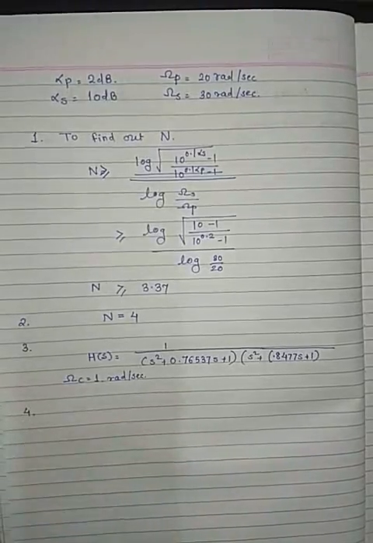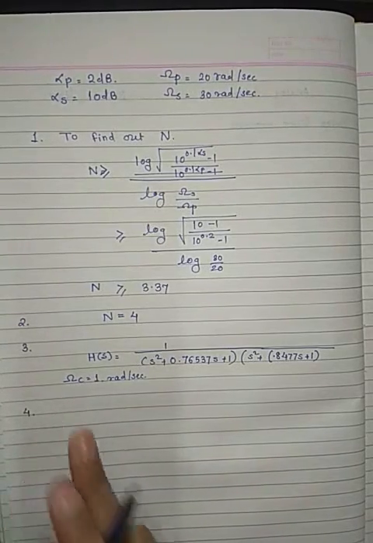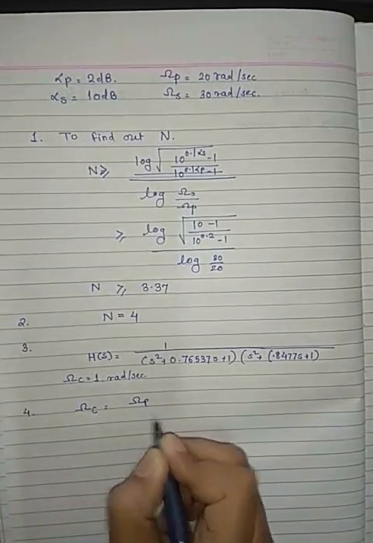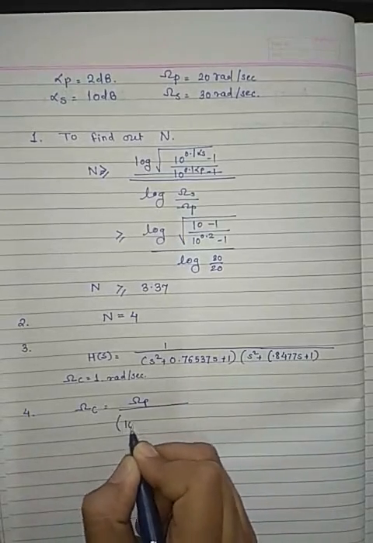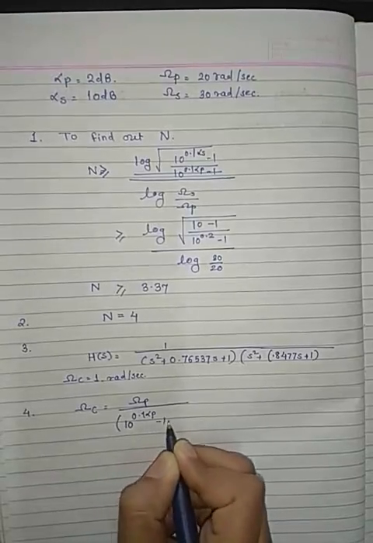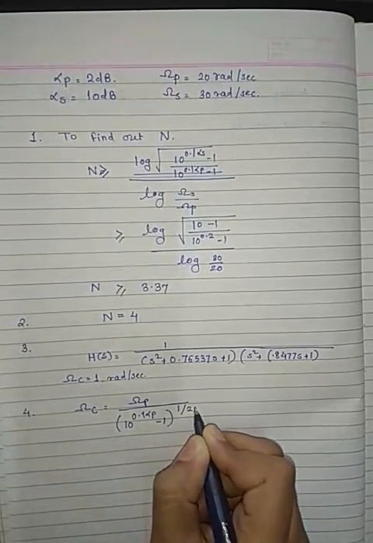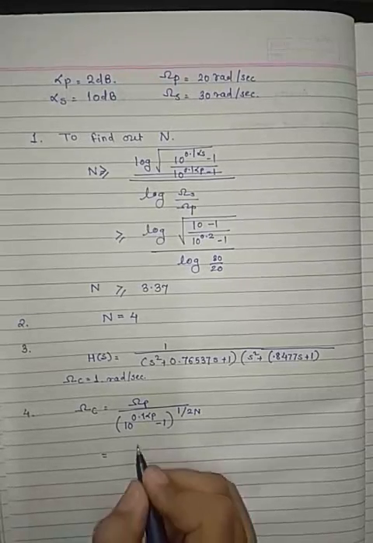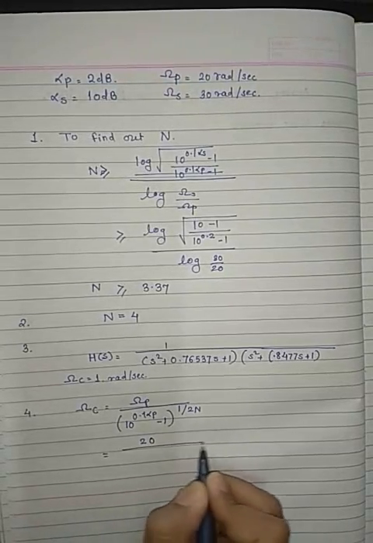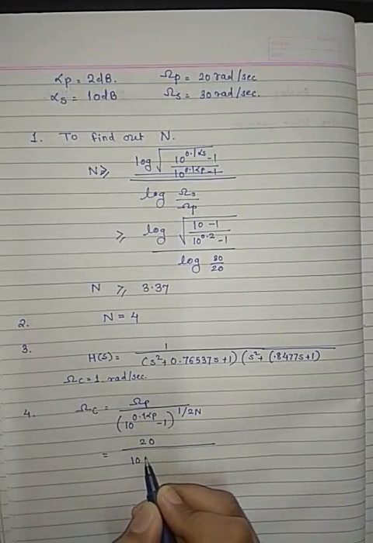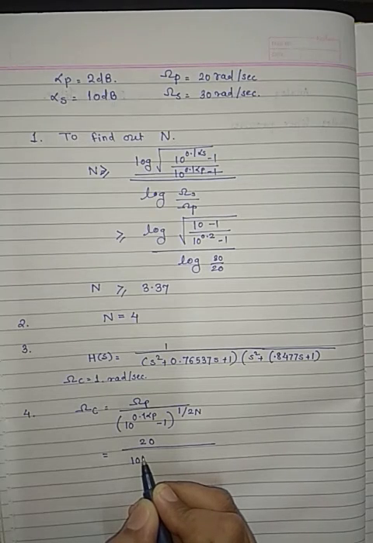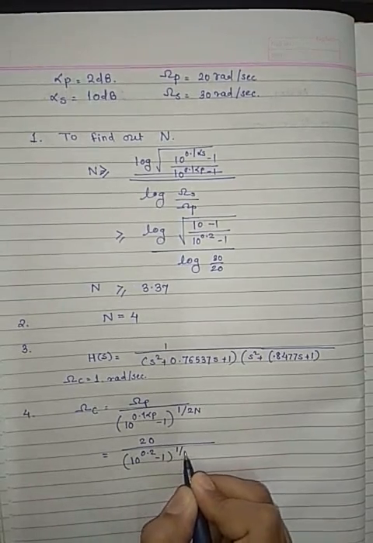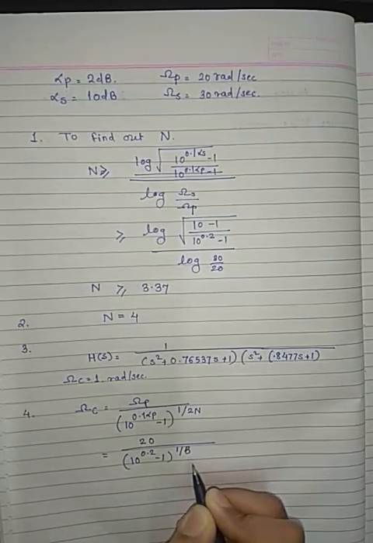Now what is our next step? The next step is to find the actual cutoff frequency Ohm C. The equation of Ohm C is Ohm P divided by (10 raised to 0.1 alpha P minus 1) raised to 1 divided by 2n. Replacing the values, Ohm P is provided, that is 20, divided by (10 raised to 0.1 into 2, that is 0.2, minus 1) the whole raised to 1 divided by 4 into 2, that is 8.